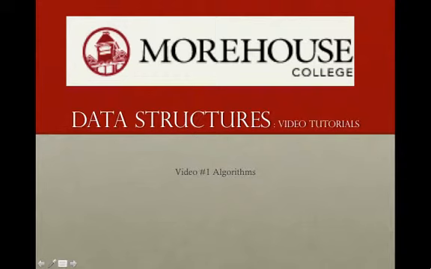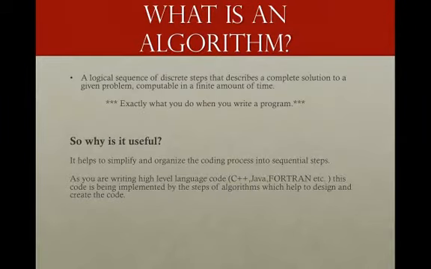So in getting started, let's look at the definition of what an algorithm is. An algorithm is a logical sequence of discrete steps that describes a complete solution to a given problem, computable in a finite amount of time.